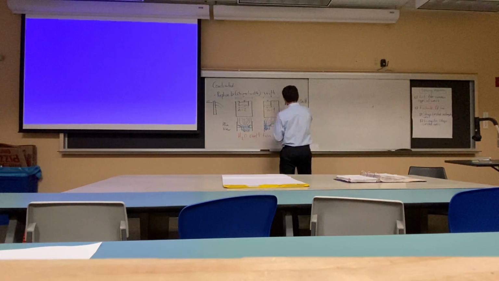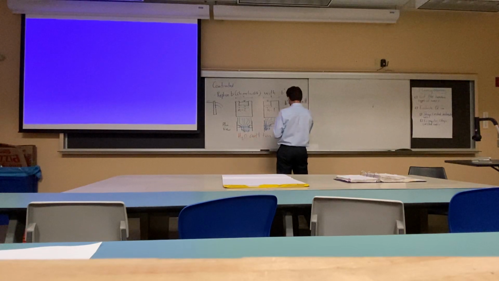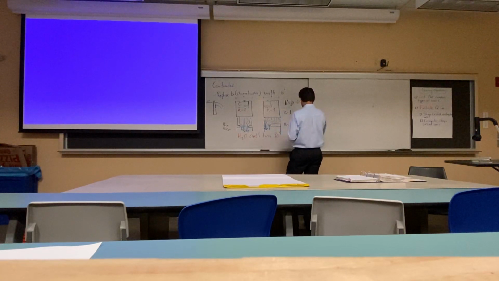So N equals 1 is a contraction against the sidewall. N equals 2 is the contraction not against the sidewall.